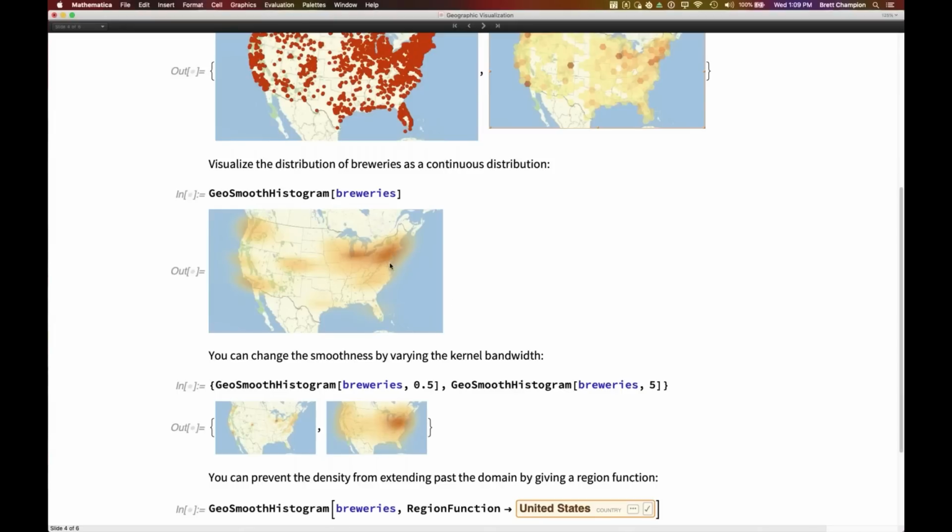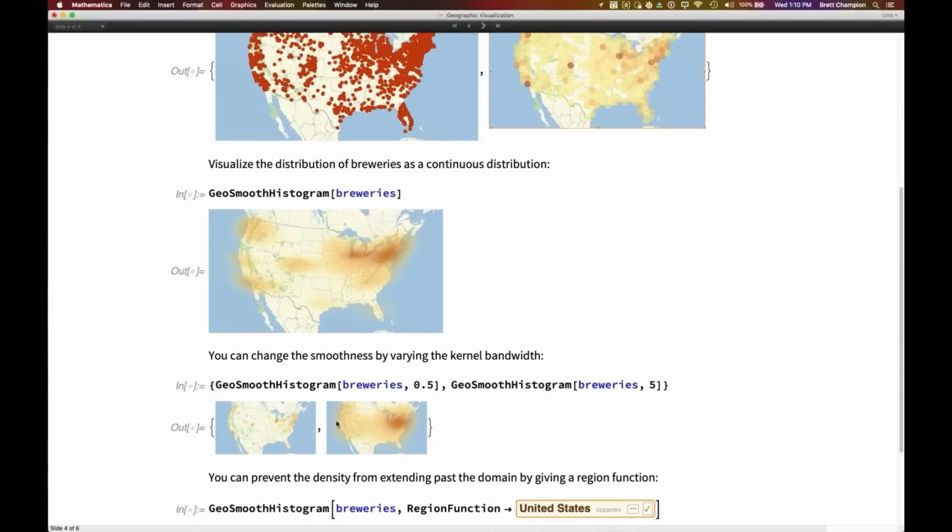In this case, we can see the Northeast and Chicago and Detroit, and see where the general trends are. Since it's kernel density estimation, we have a kernel and a bandwidth, and you have the ability to affect both of those and use them to vary the data a bit.